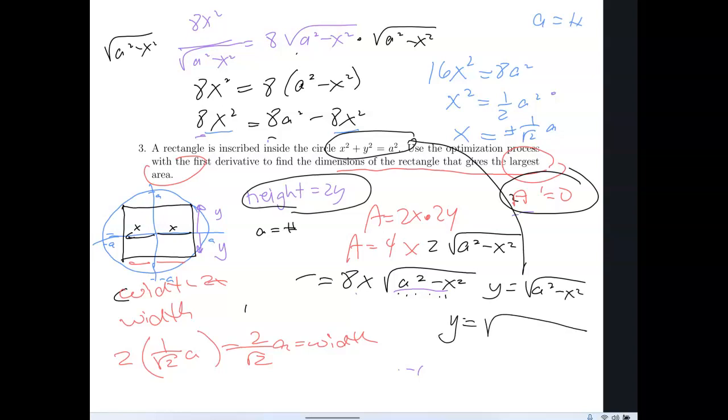So y equals the square root of a squared minus, and I'm going to put this in, 1/2 a squared. So if I was to fix that, I would get the square root of 1 over 2 a squared for the y value. There's the width, and there's the height.